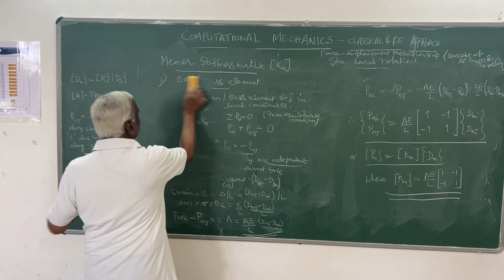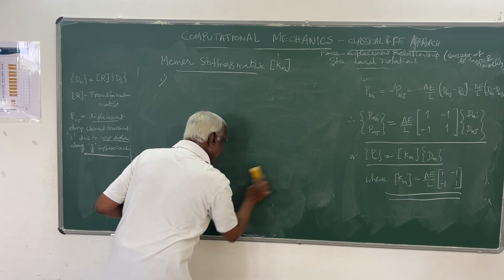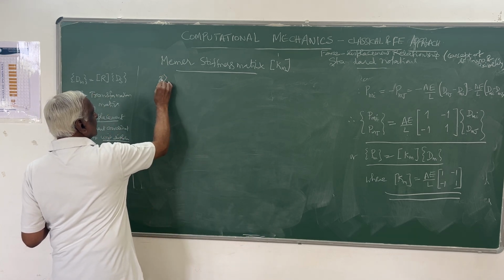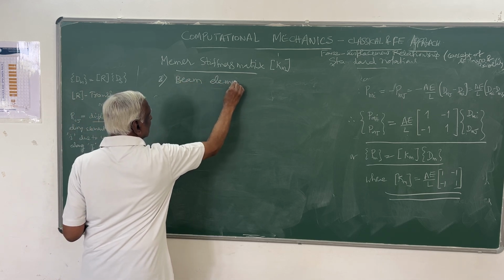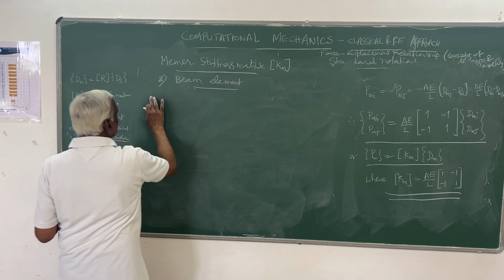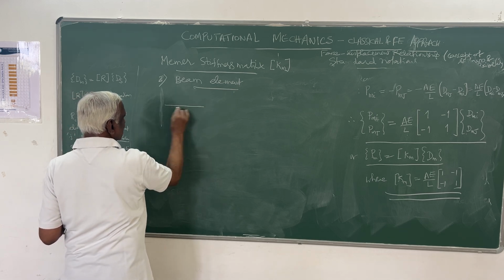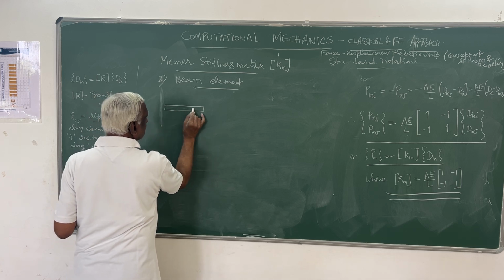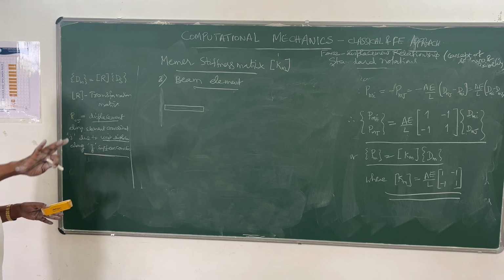Beam also we will develop. Next time we take for global. Beam element. Beam I told is very much simpler than this truss. Because beam is always defined such that all members lie along a line.